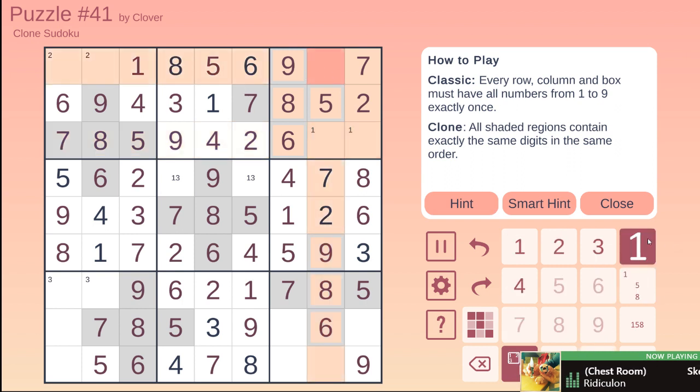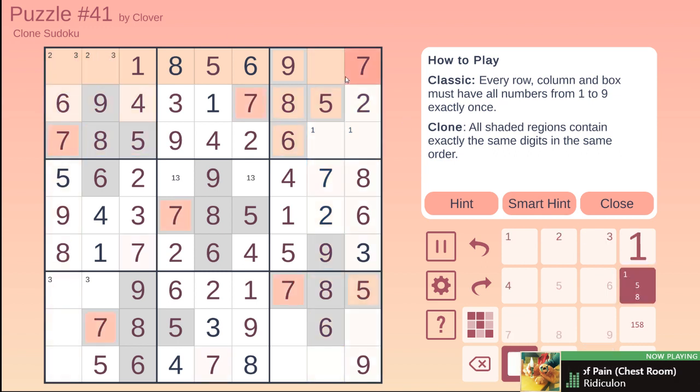What goes here? It's not a 2. Huh. 1, 2, 3. Oh, there's a 3 missing from one of these. But it also could be here. And here. Okay. 1, 2, 3, 4. There's a 4 missing. 4 could be any of these.